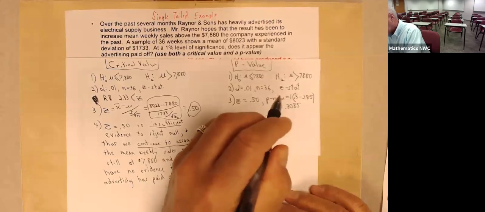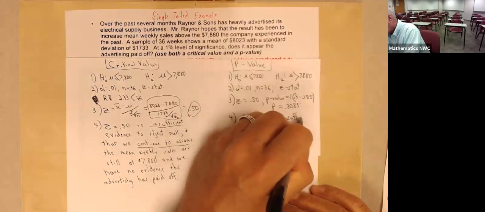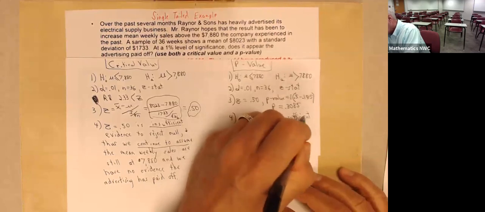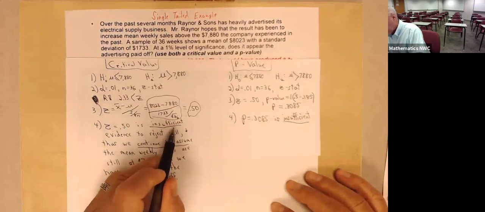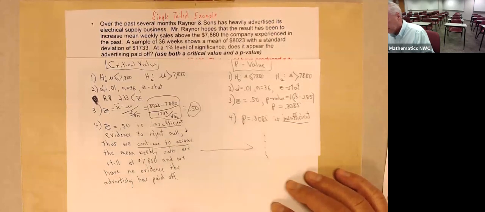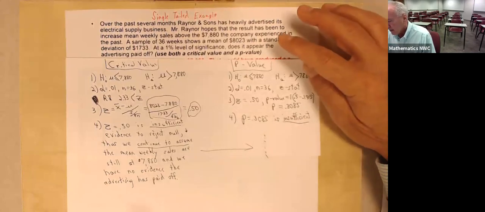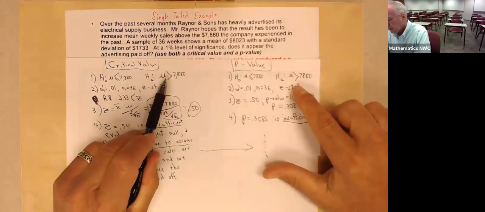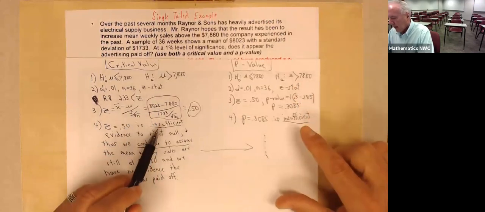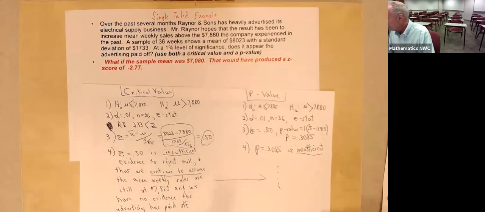I would have that same phrase, insufficient, just like I had over here, and the rest would be exactly the same. That was an example of a single-tailed test, and I had insufficient evidence in that case.